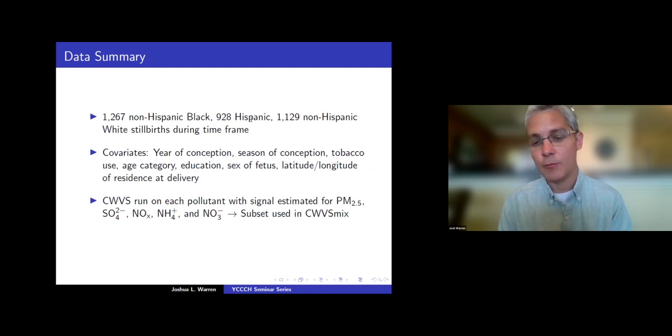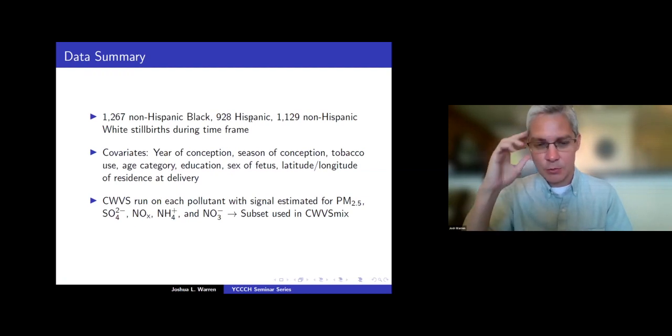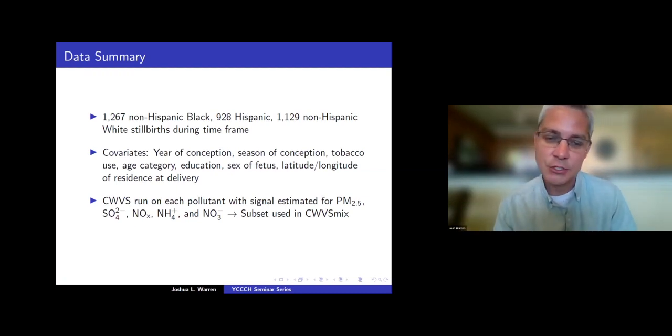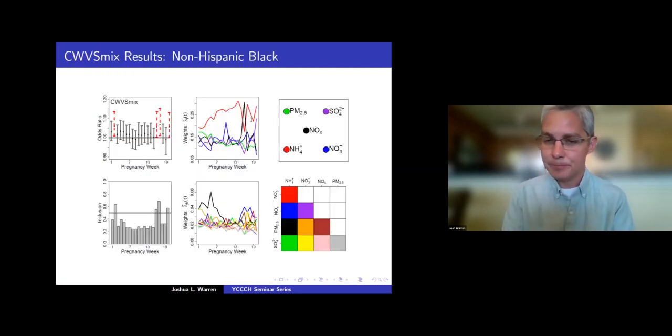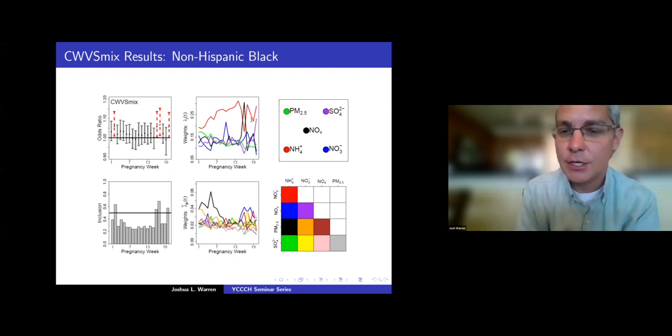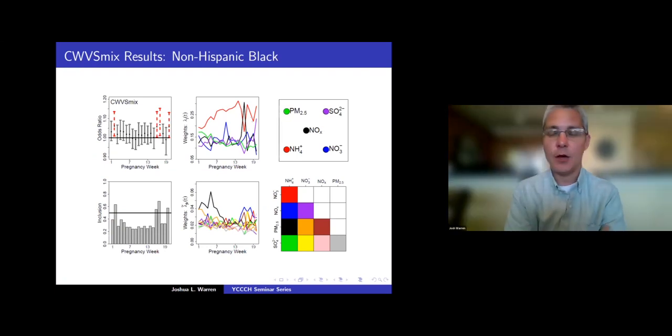So all of the relevant significant exposures that came up during any exposure period were included as a subset into this bigger framework. And so in total, we had PM2.5, sulfate, nitrogen oxides, ammonium, and nitrate that made this pre-screening into the final subset. All right, so here is some of the output that we thought was interesting.